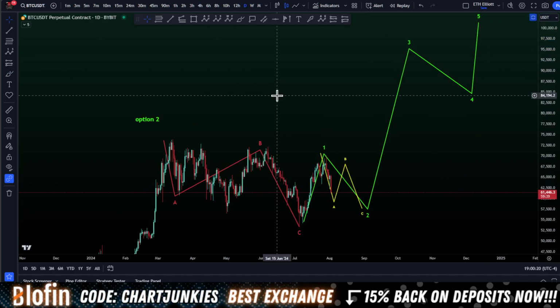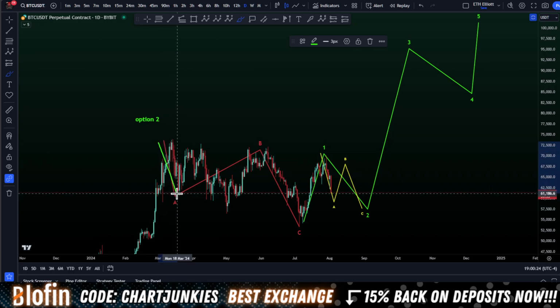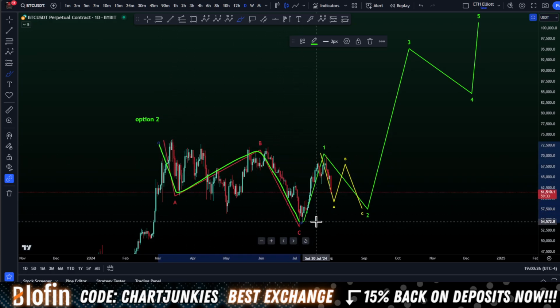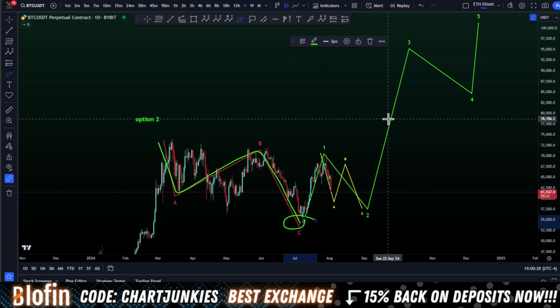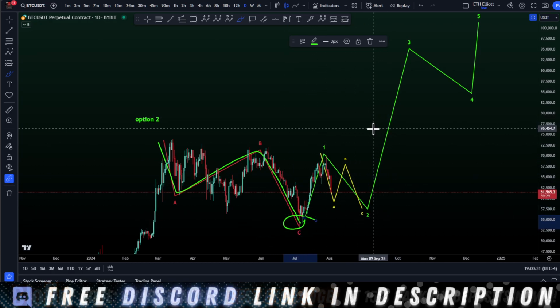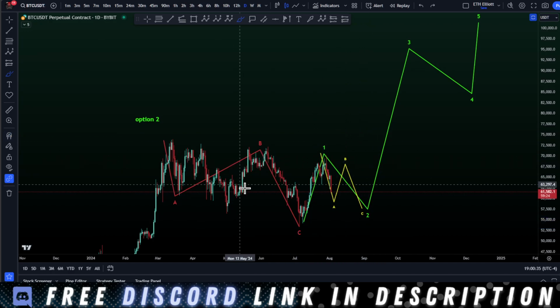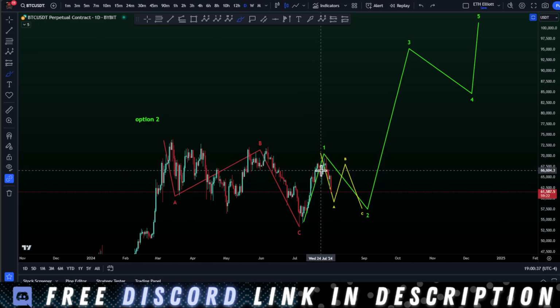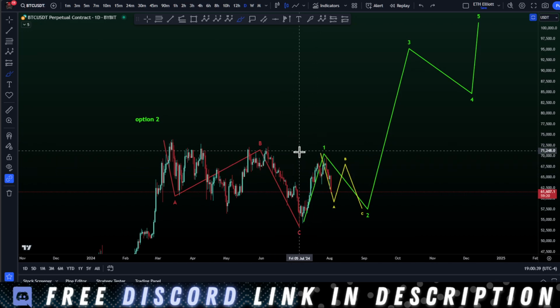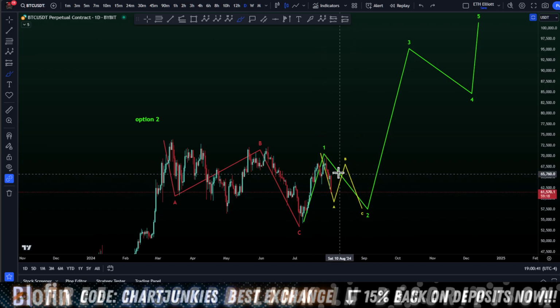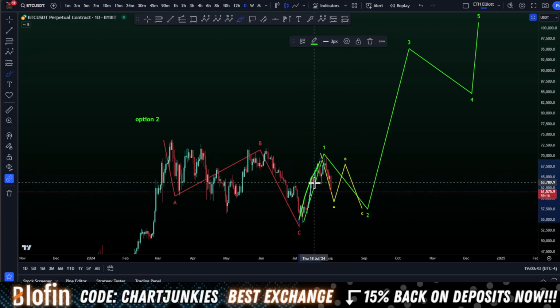Option 2 is saying that our correction is in fact done. We are done with our correction and we are starting our ascent to the upside. Now, in this specific scenario, and there's another scenario that's similar to this that we're going to go over in a second, we have put in our one wave that is finished.